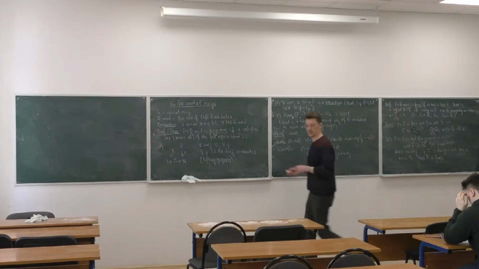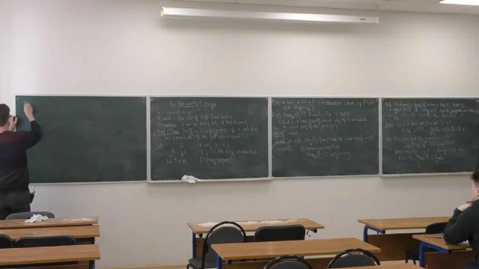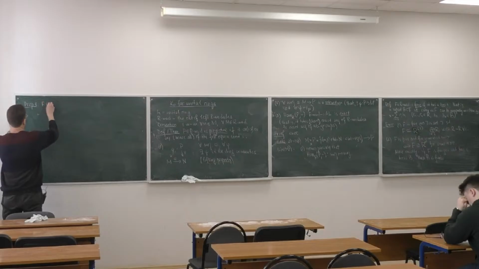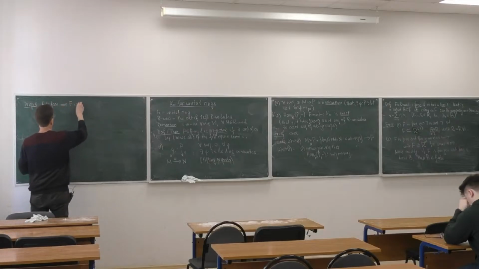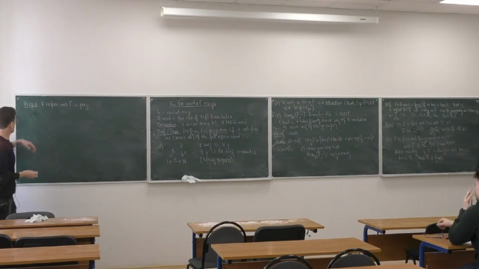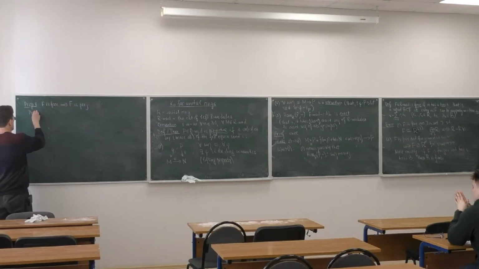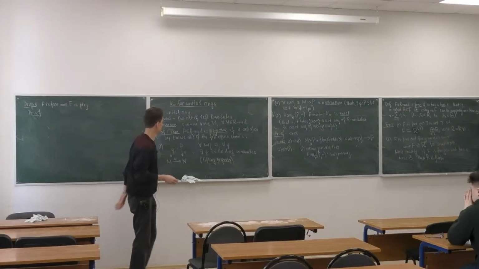Okay, so now let's observe that every free module is projective. Let it be proposition 1. If F is free, then it is projective. And the proof is very easy. Actually, we can use any of the equivalent definitions of a projective module.